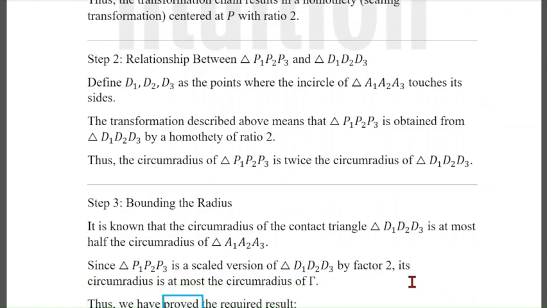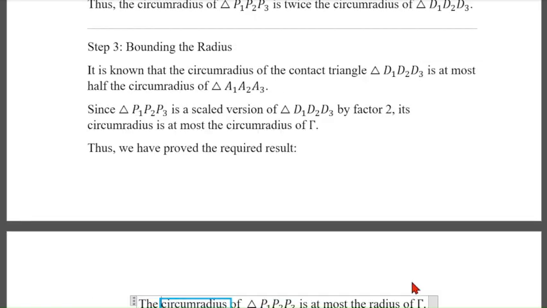Thus, we have proved the required result. The circumradius of P_1, P_2, P_3 is at most the radius of Γ. Step 4.